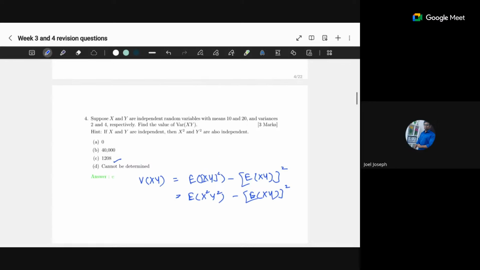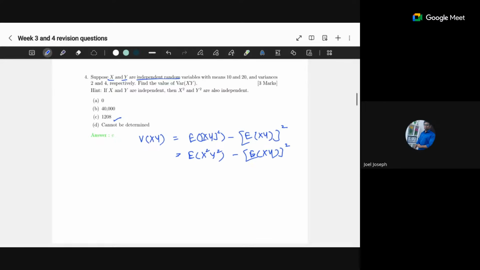Now they are saying that x and y are independent random variables. So if they are independent, can I say expectation of xy is equal to expectation of x into expectation of y? Yes, ma'am. And similarly, expectation of x square y square is equal to expectation of x square into expectation of y square? Yes, ma'am. Yeah, I can say that, right?